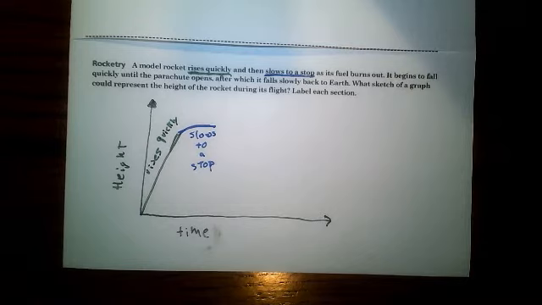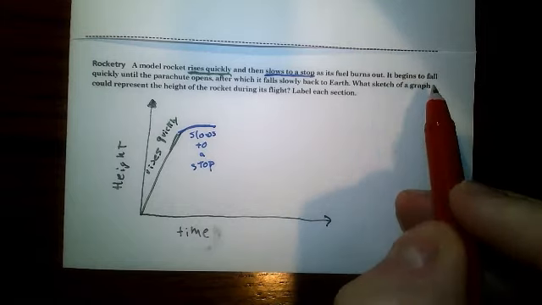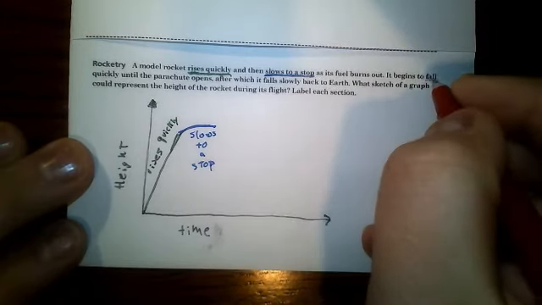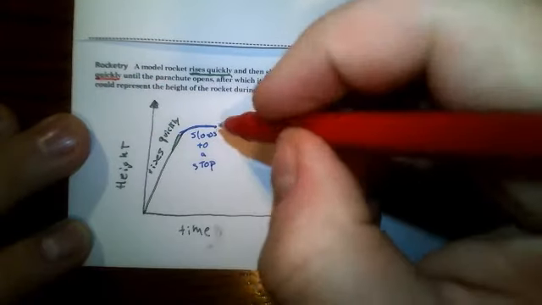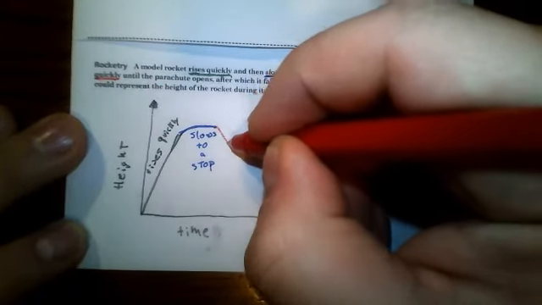Okay. Then it begins to fall quickly until the parachute opens, after which it falls slowly back to Earth. So again, a lot of stuff happening in that section, but the first of which is it begins to fall quickly. So fall quickly, I think of as kind of that.